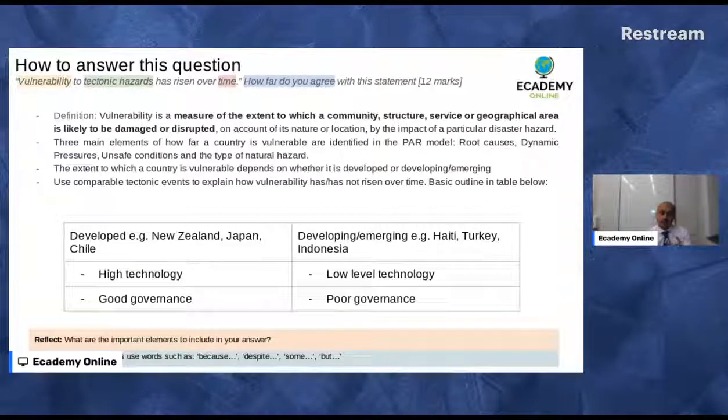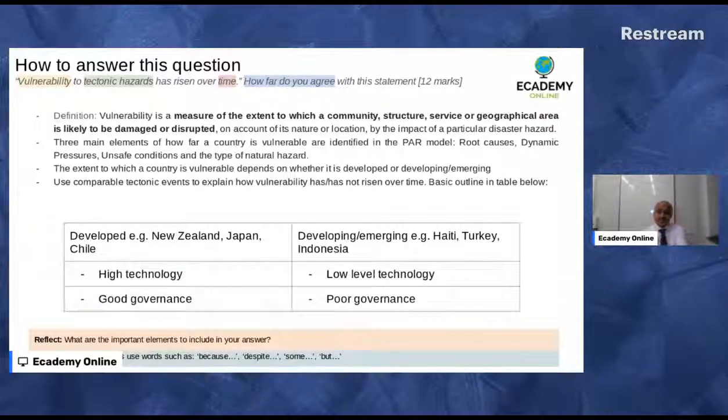So you've got to talk about the root causes, the dynamic pressures, and the unsafe conditions, and the type of natural hazard. The type of natural hazard, regardless of whether it's a volcanic eruption, an earthquake, whatever it is, the impacts of it will be variable depending on the root causes of the vulnerability of the nation.